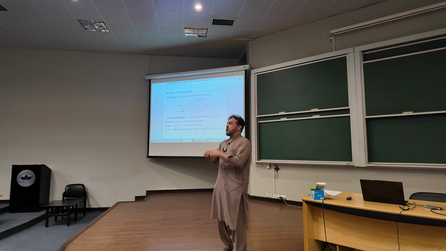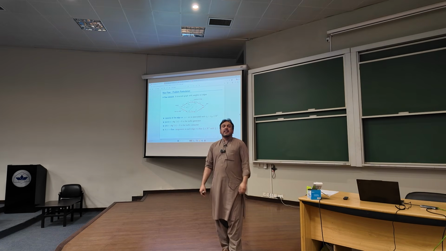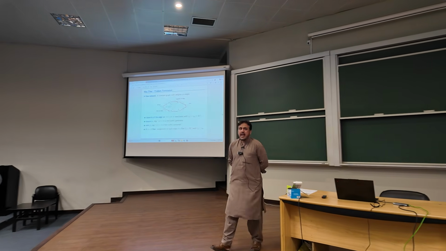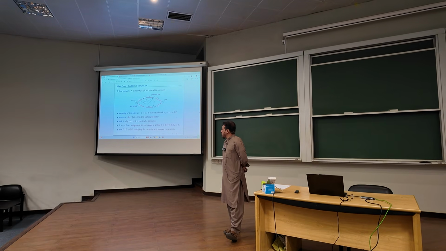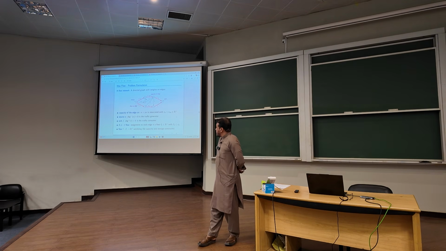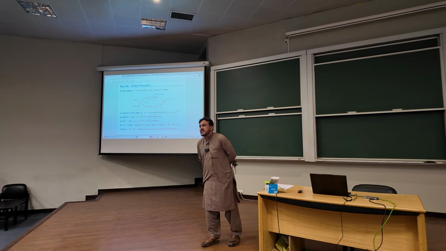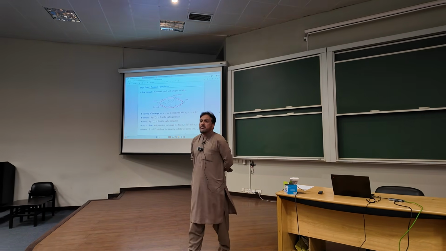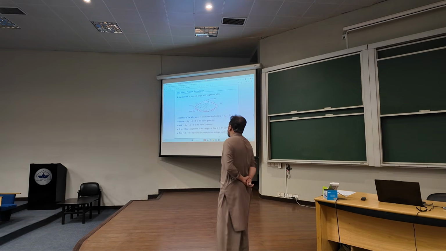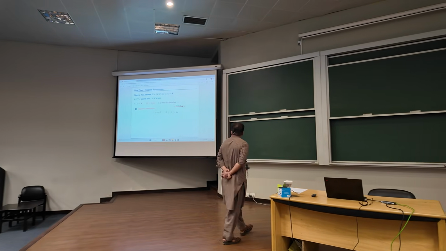So every edge will get exactly one number, a non-negative real number. 0 is also allowed. But this function must satisfy the capacity constraint for all edges and the no storage constraint for all vertices. Okay, so this is a flow.